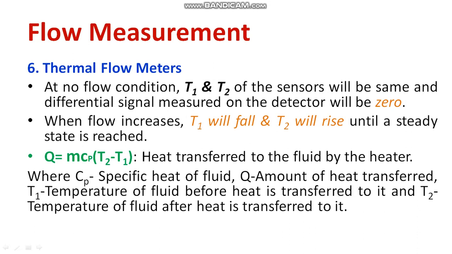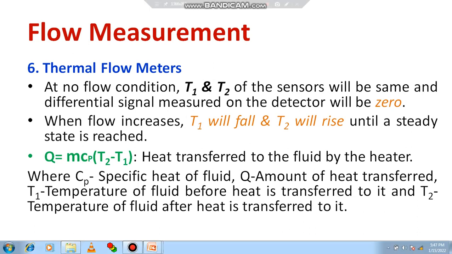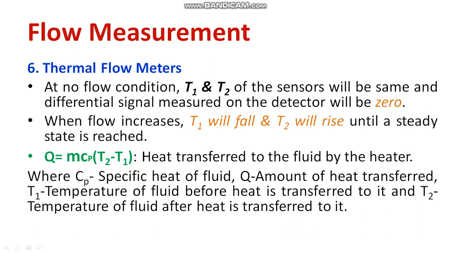So how does it work? If there is no flow, T1 and T2 are equal, so there is no output. When the flow increases, T1 falls and T2 rises, thereby T2 minus T1 exists. Therefore you can calculate the total amount of heat transferred in the fluid or liquid. That can be calculated using the equation Q equals m times Cp times delta T, the change in temperature.